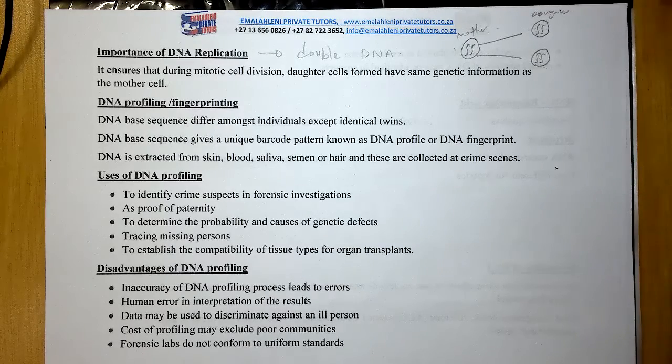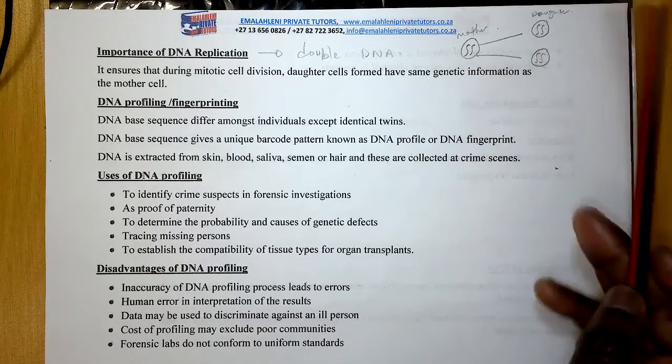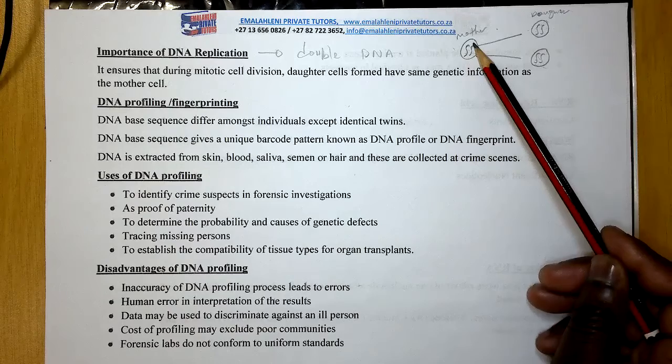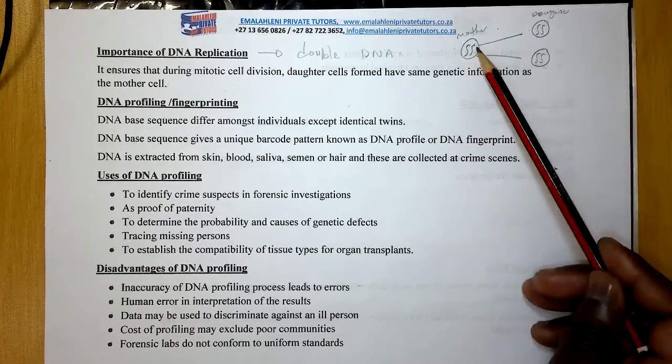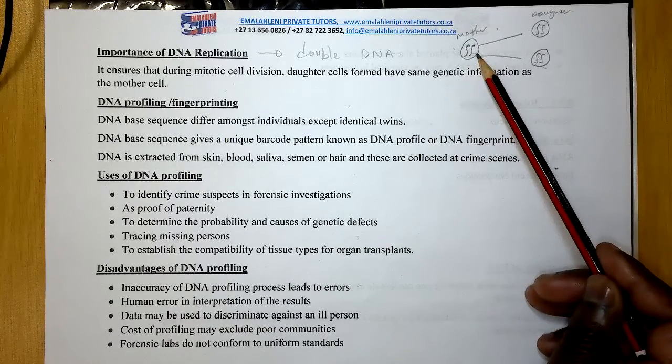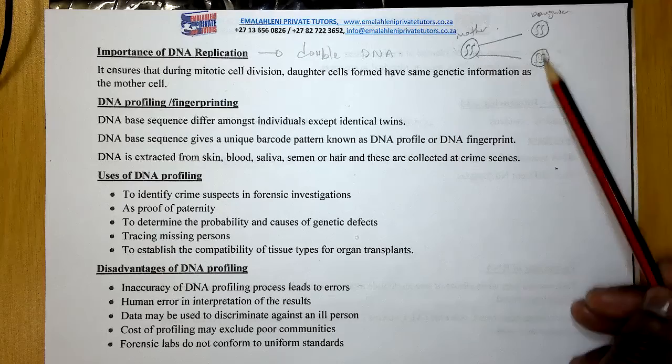Identical twins have the same DNA sequence, because identical twins come from just one fertilized egg, which has the same DNA, and which splits. So after splitting, you find that it's identical.